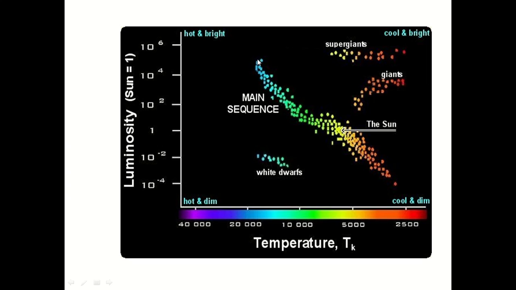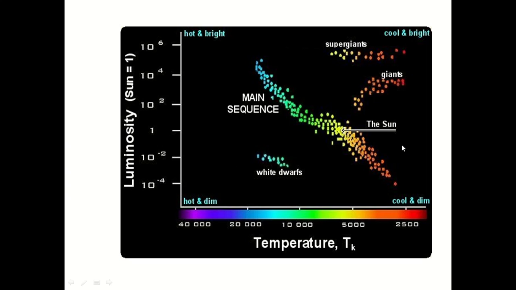So this is the position of the left top corner. Left means high temperature, top means high luminosity. So in this part we will have hot, bright stars. If you consider the left bottom region, in the left part we will have stars with high temperature, and here the luminosity is less, so we can have hot, dim stars in the left bottom corner.